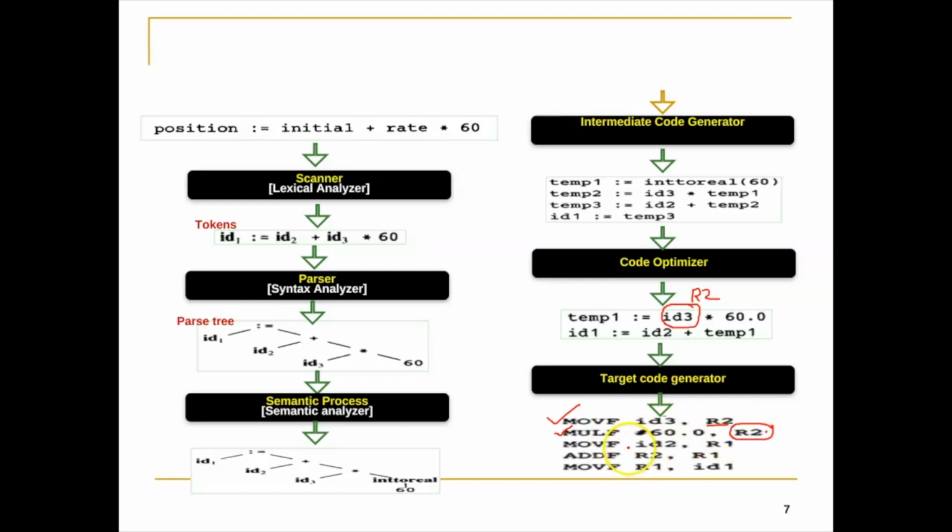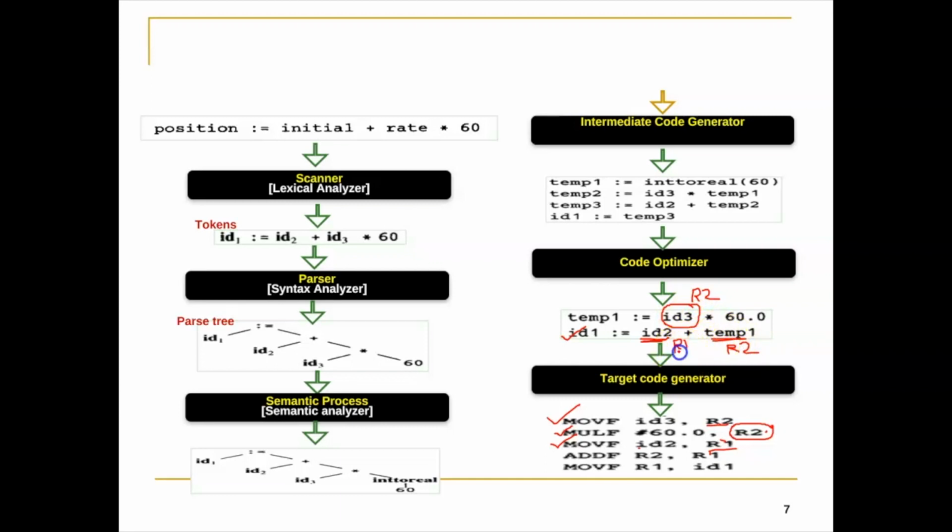Fine. And now again, to perform the second statement, we need to have id2 in a free register, and that's what happened in the third statement, MOVF id2, R1. So our id2 is now available in R1, and temp1, that's nothing but the result of the previous operation, is available in R2.